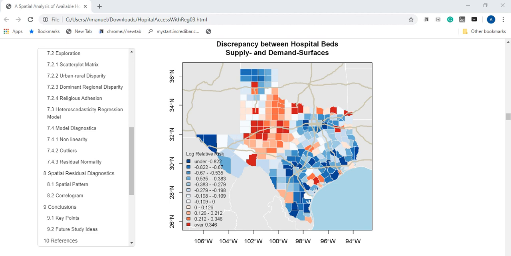As we can see from this map, the blue areas are underserved, which are in southern Texas and West Texas near El Paso, and all the metropolitan areas and surrounding counties are underserved, whereas the sparsely populated counties in central Texas are overserved, and some in South Texas as well.